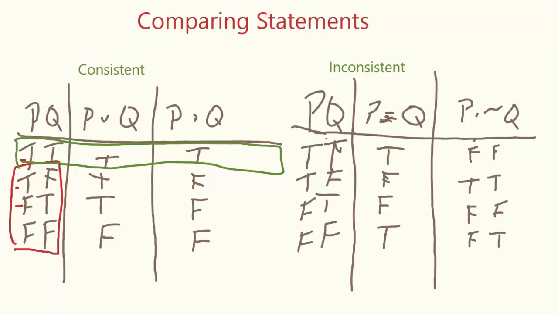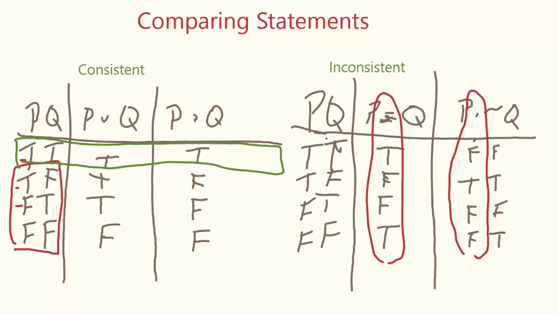And when we look for a row in which all of our sentences are true, we have to look at the main operators. And we see in the first case, they're not all true because one of them is false.